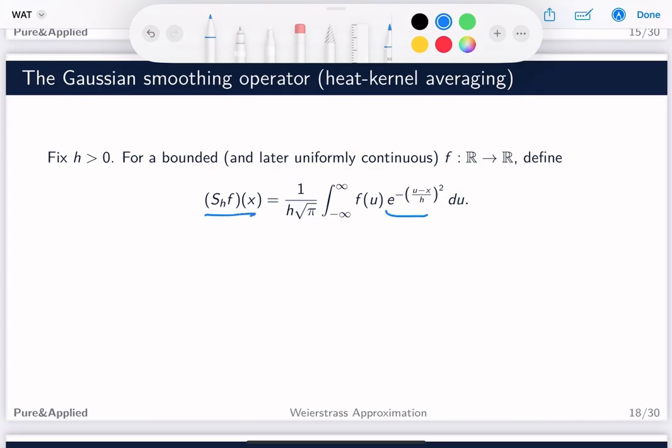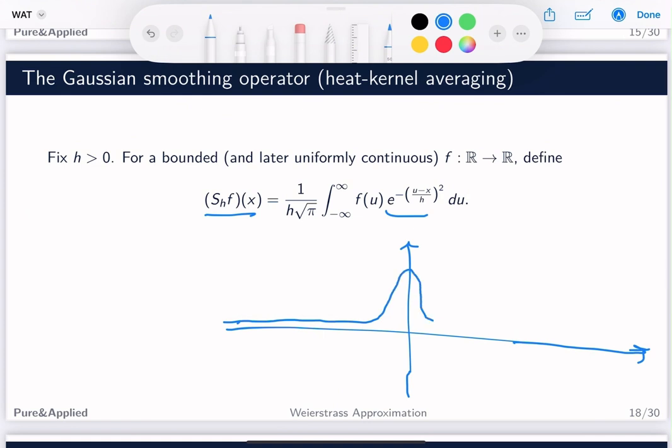The idea is that this kernel, this Gaussian kernel, looks something like this, and as we decrease h, when we send h to 0, the bump gets steeper and steeper.